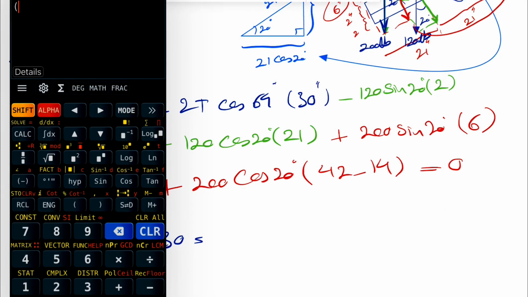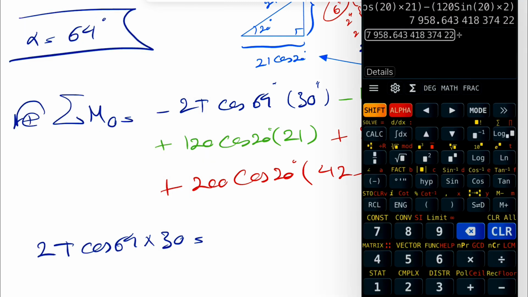I'm going to start at the end: 200 cosine of 20 times 42 minus 14, plus 200 sine of 20 times 6, plus 120 cosine of 20 times 21, minus 120 sine of 20 degrees times 2.